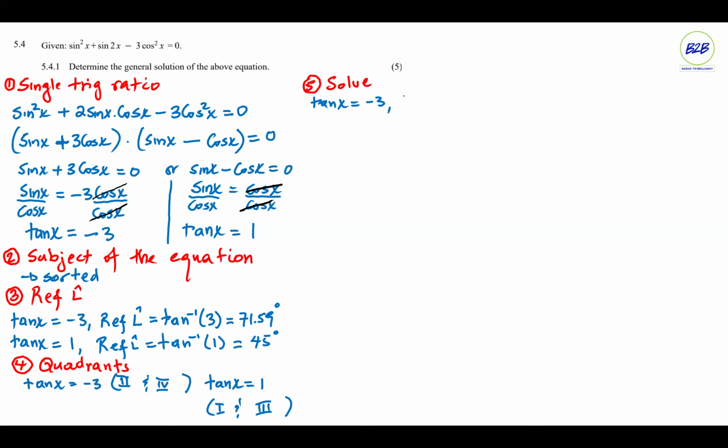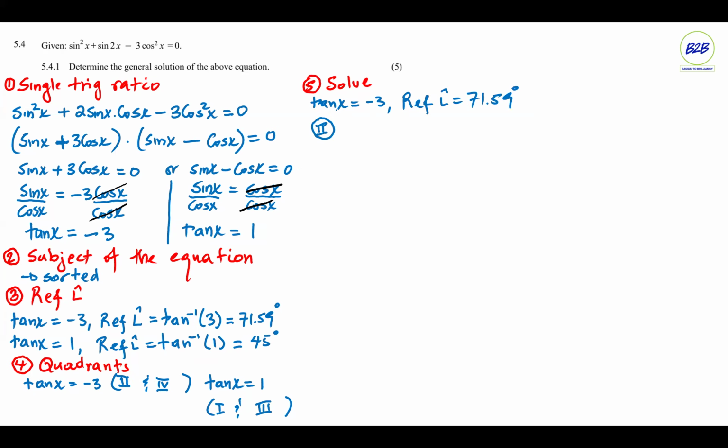And the reference angle for that, remember, it was 71.59 degrees. Then for that equation, remember we selected the second quadrant as one of the options that we are going to use.